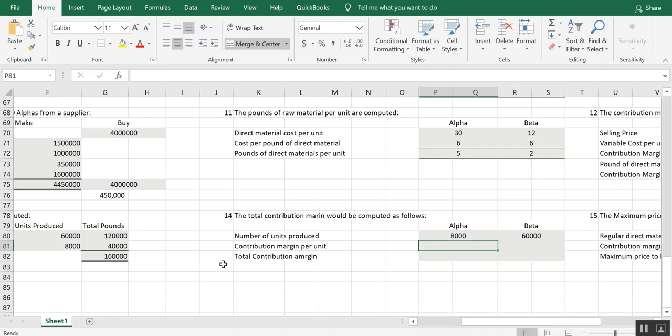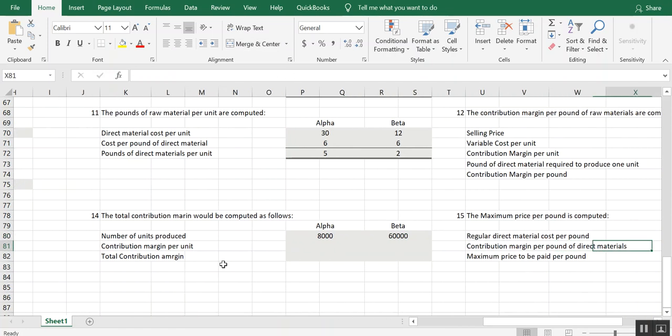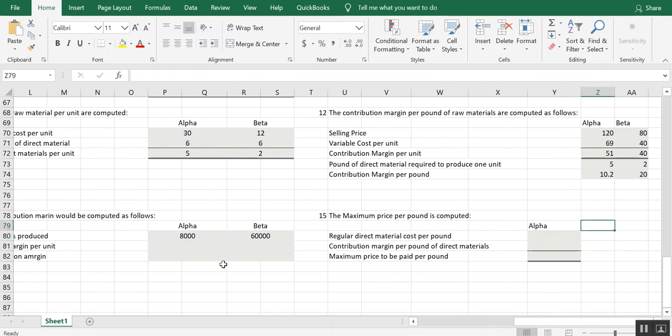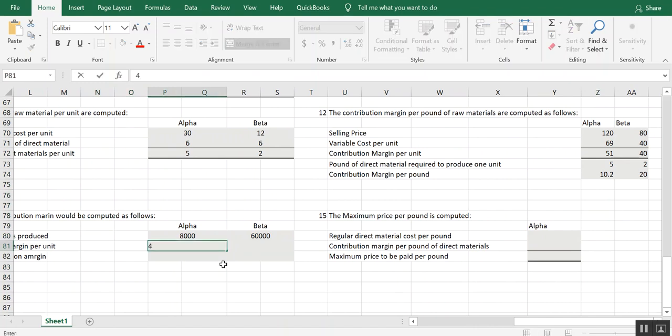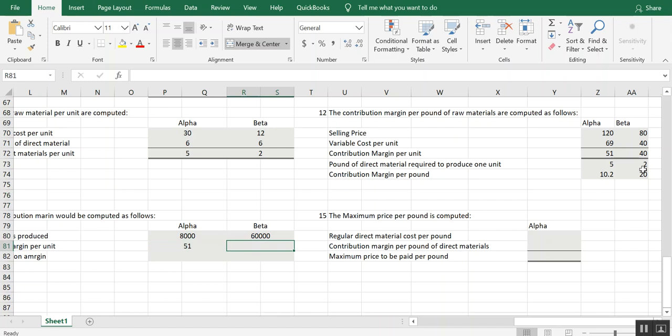The contribution margin for alpha, if we go back here, remember, is $51. So we're going to bring that here, 51. And the contribution margin per unit for beta is $40. So we do that here. We take the contribution margin per unit times the number of units.